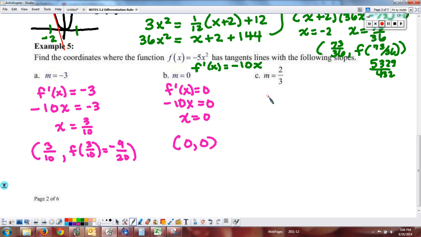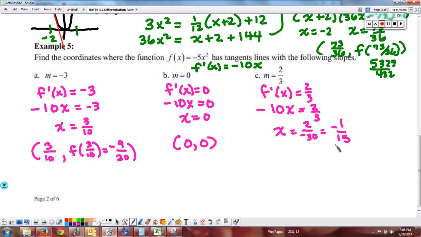And then our last one, your derivative is equal to 2/3. So -10x equals 2/3. X equals 2 over -30, or -1/15.